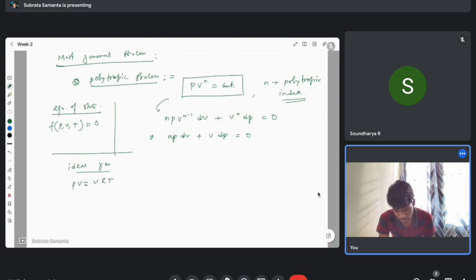Let's first consider 1 mole of ideal gas, so the equation of state is PV equals RT. Then we get P dV plus V dP equals R dT, where R is the gas constant.